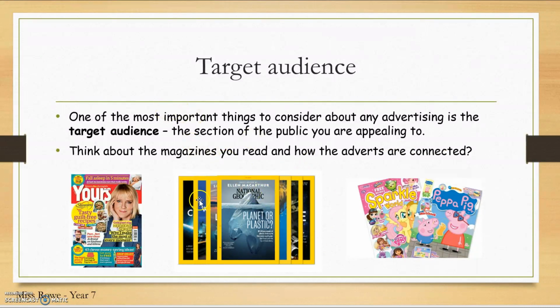National Geographic, this particular version, is for adults, but there is a child's version as well, National Geographic for Kids. And Yours, that's normally for women. You just got to think about who you're designing this for.